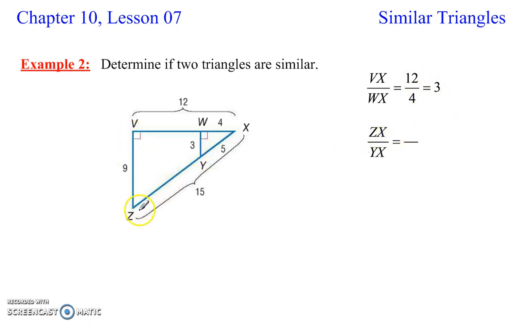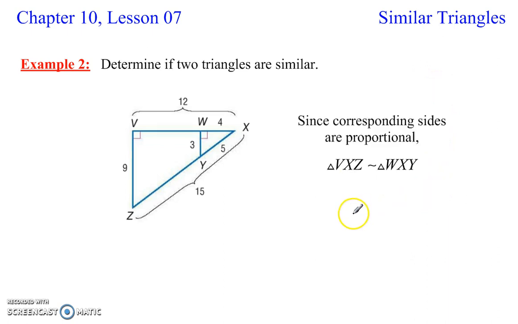Then ZX to YX, that's 15 to 5. That also gives me a ratio of 3. And then VZ to WY, 9 over 3, is also 3. So all of these have the same factor between them. So since corresponding sides are proportional, I can say that VXZ is similar to WXY.